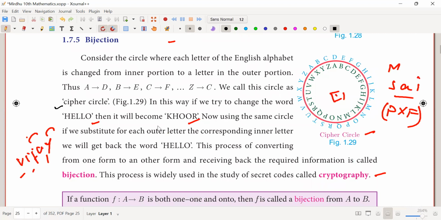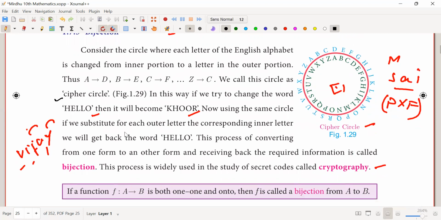Now, using the same circle, if we substitute for each outer letter the corresponding inner letter, we get back the word hello. This process of converting from one form to another form and receiving back the required form is called bijection.